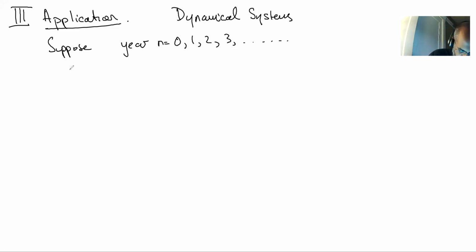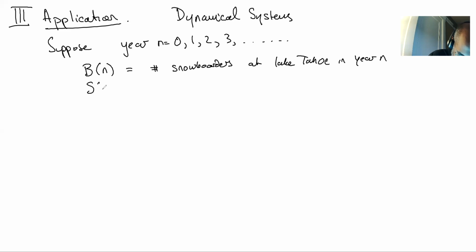And suppose for some reason we're interested in what is happening at ski resorts in Lake Tahoe. So we let B of n be the number of snowboarders at Lake Tahoe in year n, and we let S of n be the number of skiers.